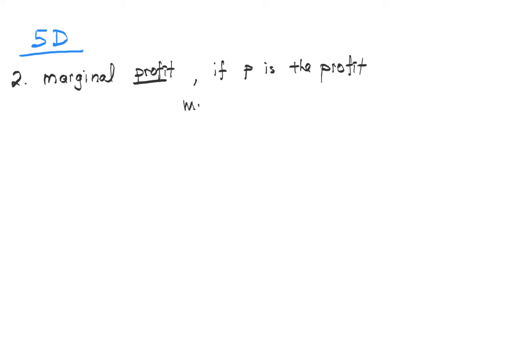Question 2. Okay, so for this chapter, if you see the word marginal of anything, marginal profit, marginal cost, even if the question didn't tell you, you should know that if P is the profit, then marginal profit means P prime x.